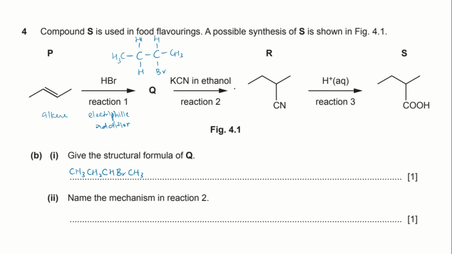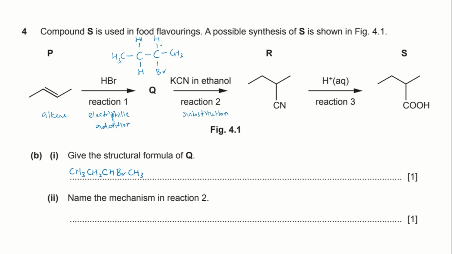Now reaction 2, now that we know Q is actually a halogenoalkane, and from Q to R, the bromine atom here is replaced by a nitrile group. So this is a substitution reaction.